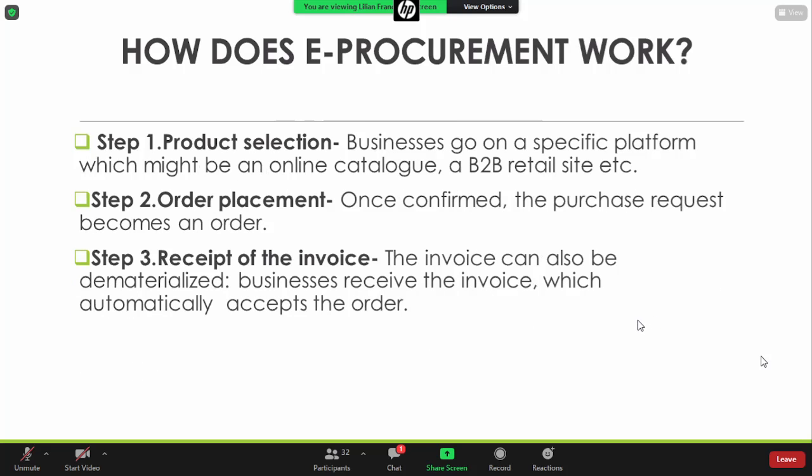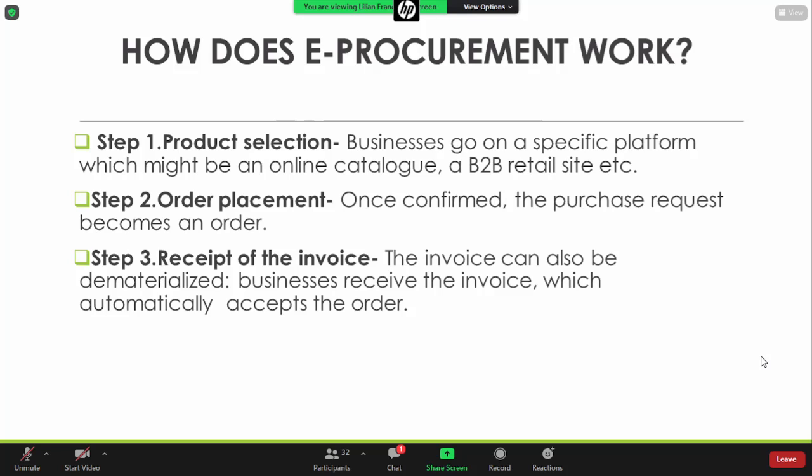Next is how does e-procurement work? First is product selection. Businesses go on a specific platform which might be an online catalog, a B2B retail site, or etc. It depends kung anong site or platform ang gagamitin ng company to purchase and to be clear, your e-procurement is only suitable for business purchases and may possibly be hosted through a marketplace.